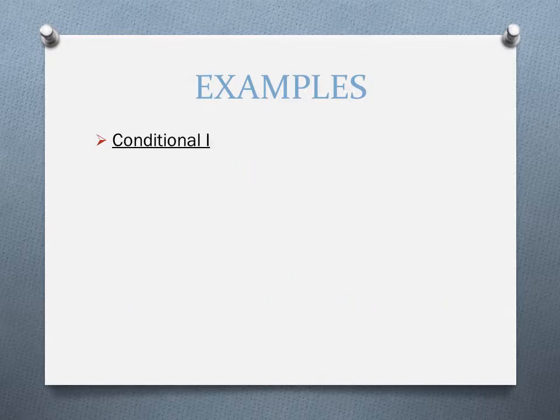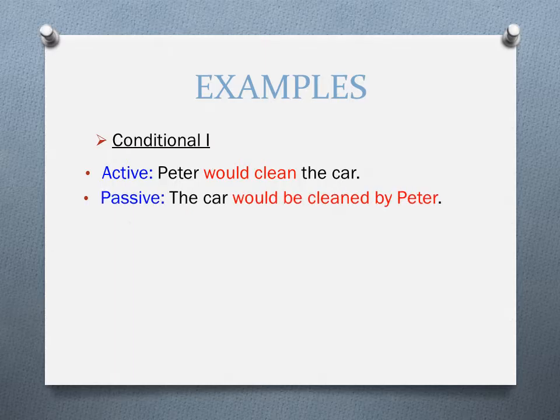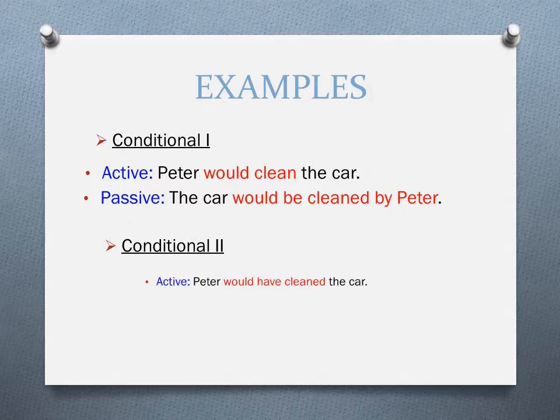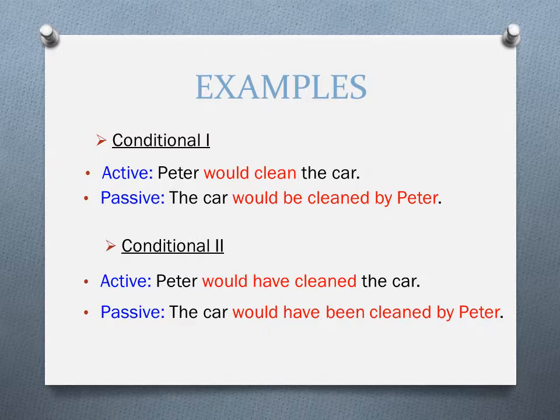If we have a conditional simple in the active sentence, "Peter would clean the car," the passive is "the car would be cleaned by Peter." If we have a conditional perfect, "Peter would have cleaned the car," the passive is "the car would have been cleaned by Peter."